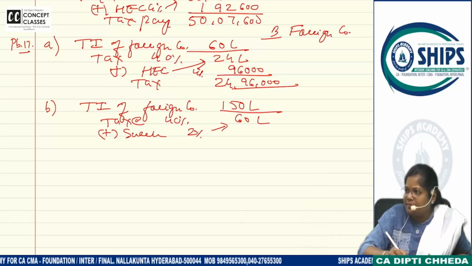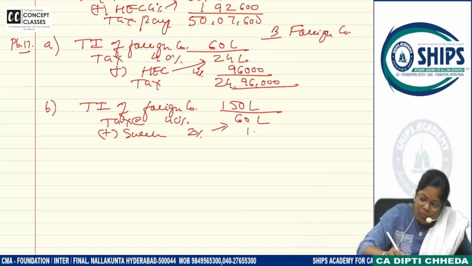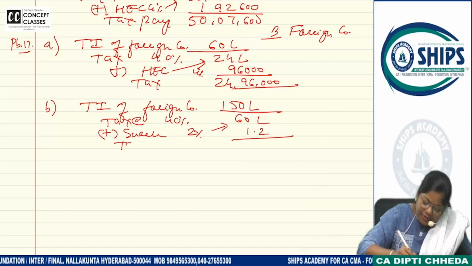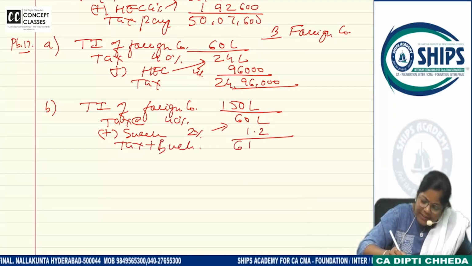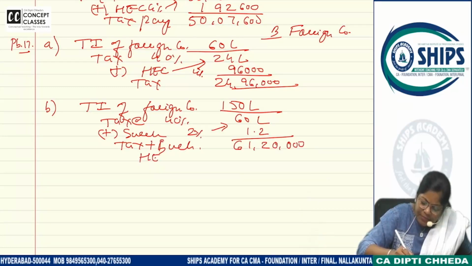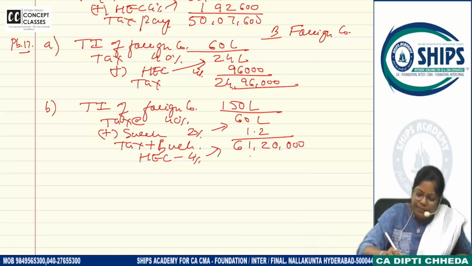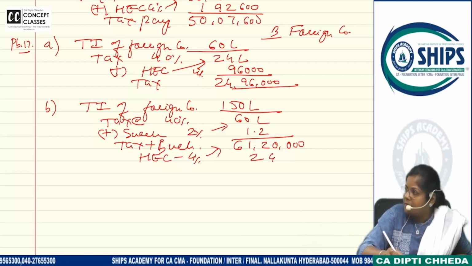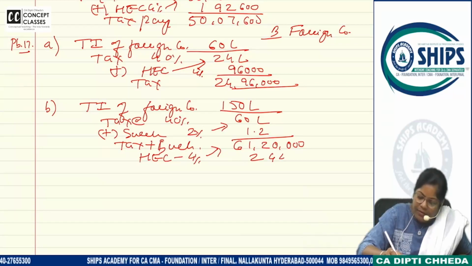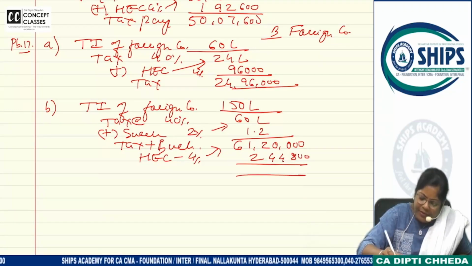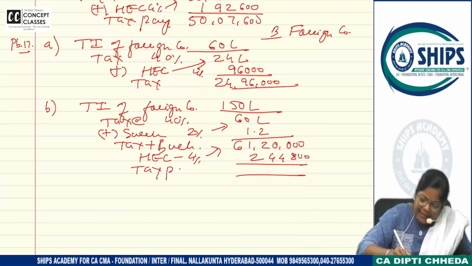That comes to 1,20,000. So tax plus surcharge is 61 lakh 20,000. On that 4% cess says 44,800. So what is the tax payable?